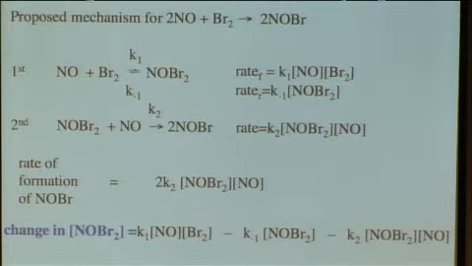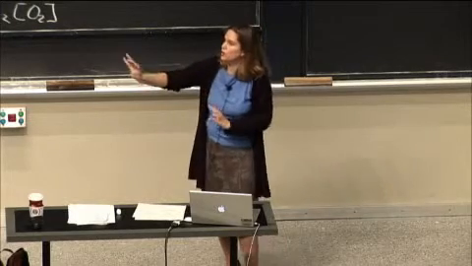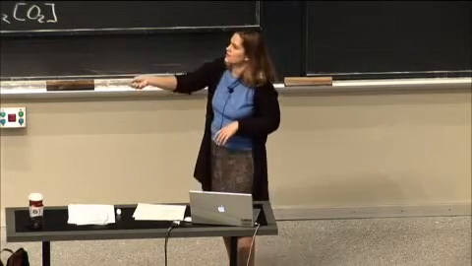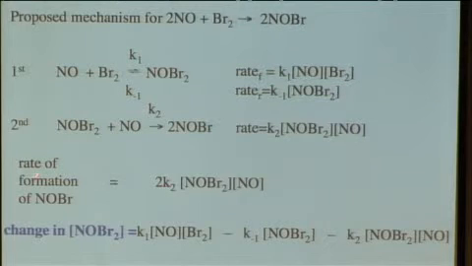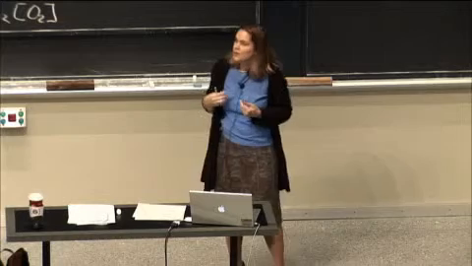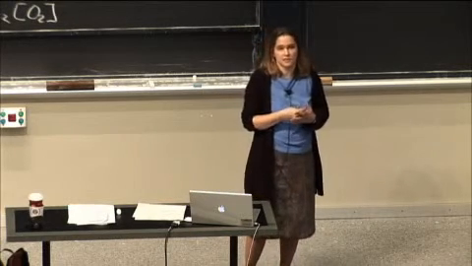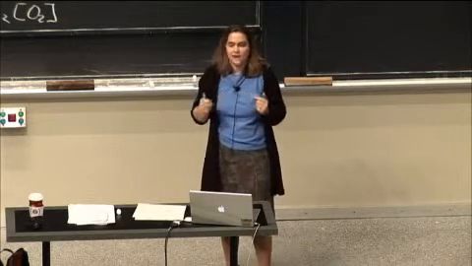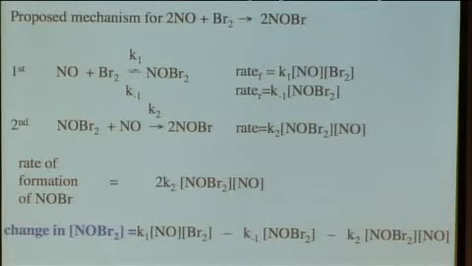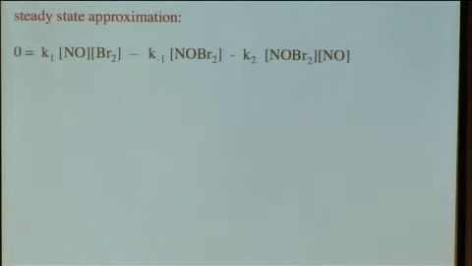So this is how we write it if we don't know anything about what's slow and what's fast. So this will always work to write things this way. That's the overall change in the concentration of the intermediate, how it's being formed, decomposed, and consumed. Now we can use the steady state approximation, and you can always use the steady state approximation in these problems, and that says that this net change is going to be equal to 0.